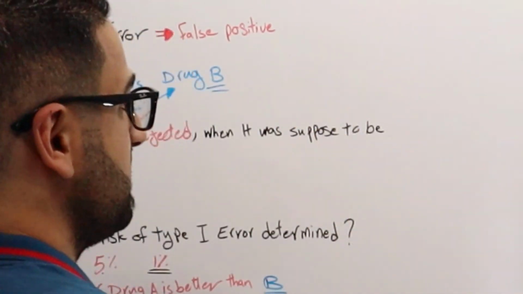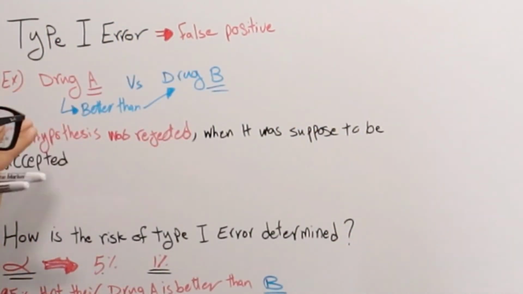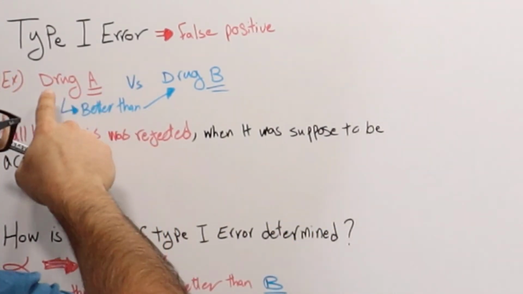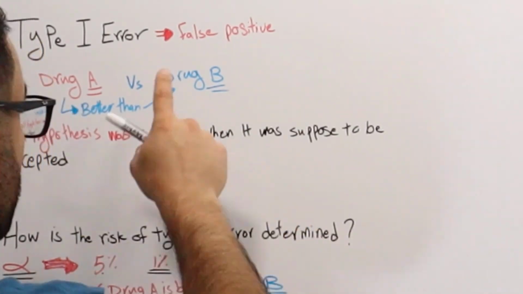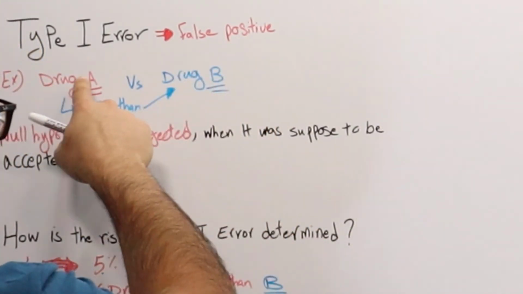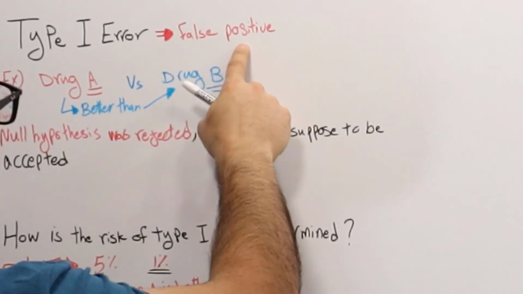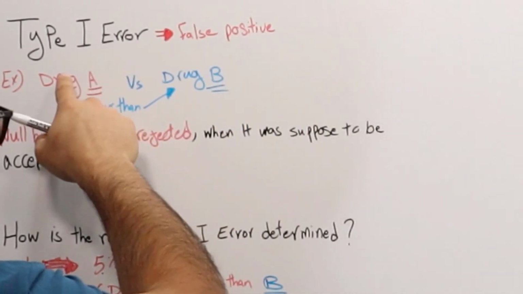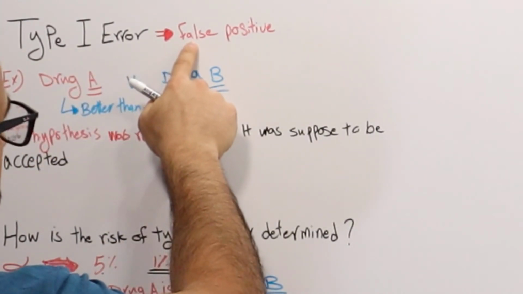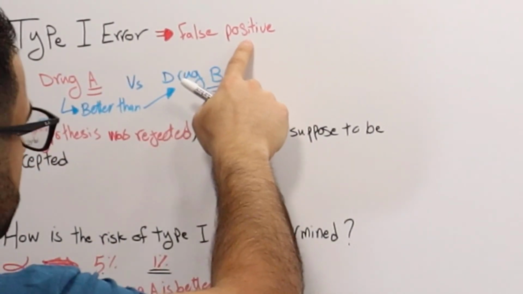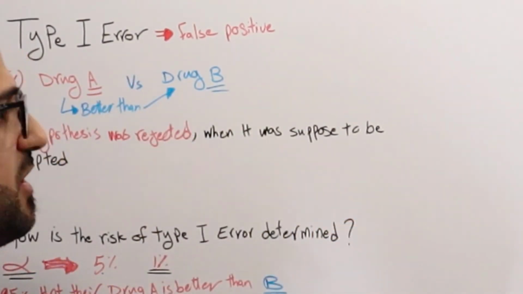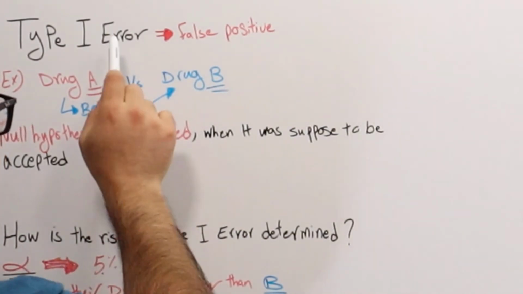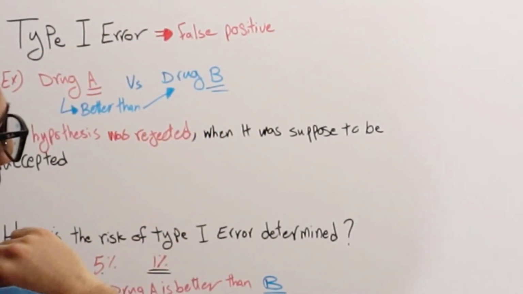It's a good thing that their medication was approved. We want it to be approved if it wasn't by mistake. If this was not by a mistake, we would have liked it to be approved, and that would have been positive. However, because it was due to an error, that's why it's called false. So remember that positive means the medication was approved when it was not supposed to be. So it's false positive, and that's type 1 error.